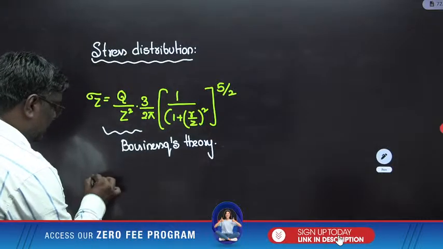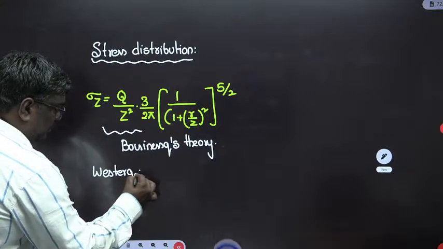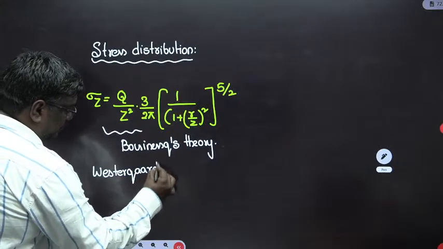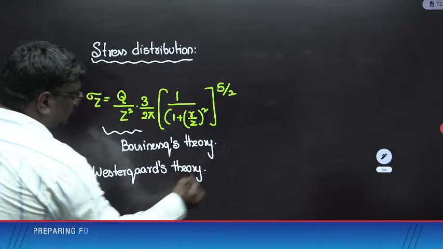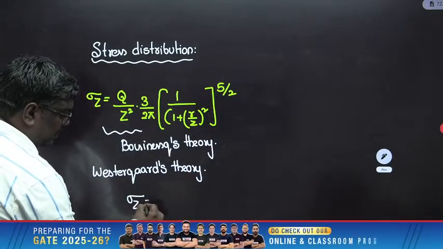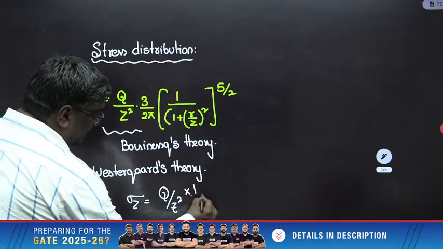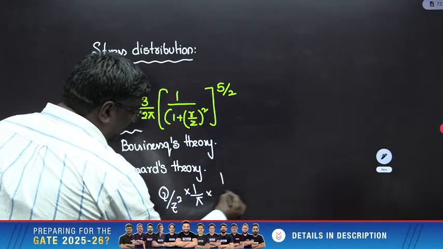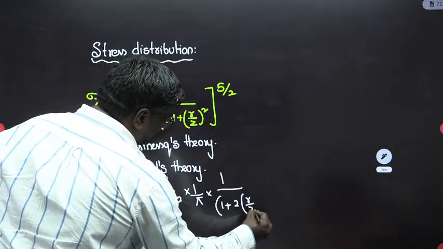Now similarly, there is an equation which is called Westergaard's theory. This is given as sigma z is equal to q by z square into 1 by pi into 1 upon (1 plus 2 (r by z) whole square) whole power 3 by 2. These formulas are somewhat difficult, students, but still you have to remember.